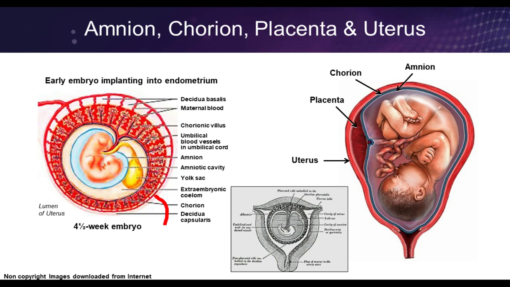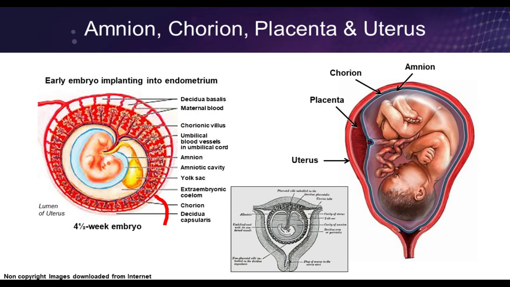On the left-hand panel, you see an early conceptus that is implanting into the endometrium, and as it implants, eventually it will form a mature placenta, and the exterior fetal membranes, the amnion and chorion, will provide the encased surface structures that will contain the fetus and the amniotic fluid.